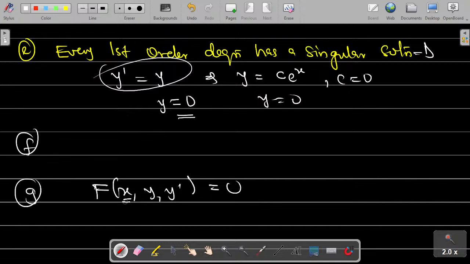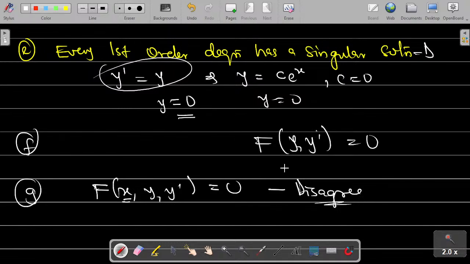Of course, the explicit presence of x denies the fact that it's autonomous. So I've already answered this one. This one is disagree, so it's not true. If it is autonomous, then x must not be in the standard form. It should rather be something of this nature: f of y, y prime equal to 0. That's for a first order.